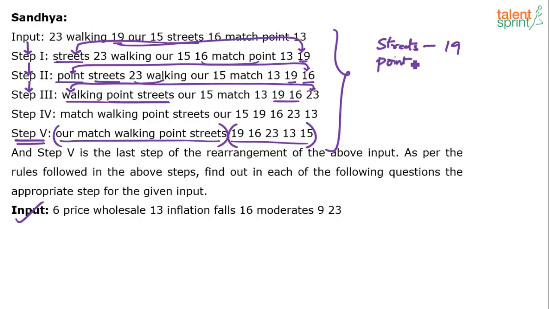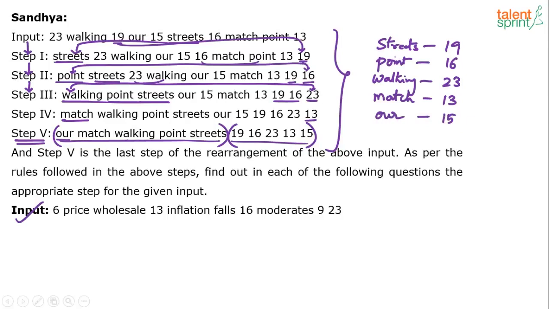So point is associated with 16. Similarly, walking is associated with 23. Match: when match was brought to the extreme left in the fourth step, the number taken to the extreme right was 13. Match is related with 13. And finally, the word R is related to 15.